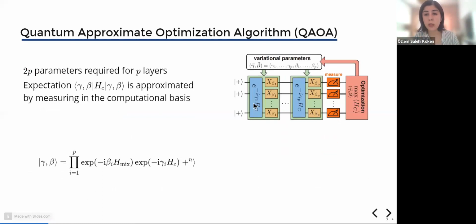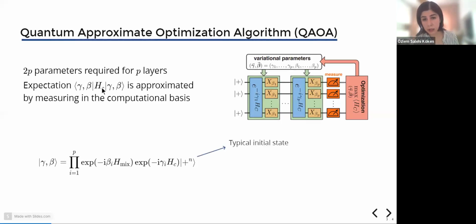So you construct this quantum circuit, you make a measurement, and then the classical optimization procedure gives you the parameters so that this expectation value here is maximized. So you try to maximize this Hc. And actually those variational parameters determine how long each Hamiltonian is applied on the system.